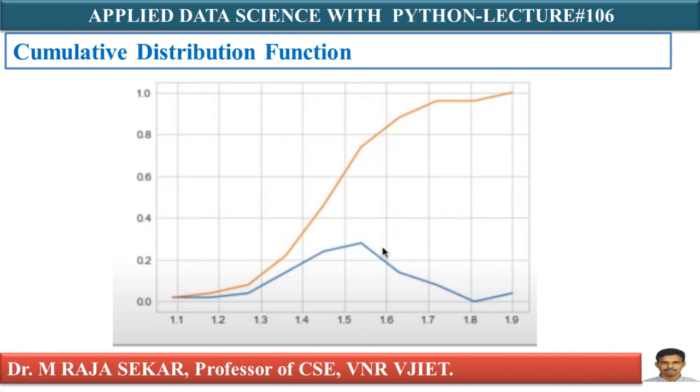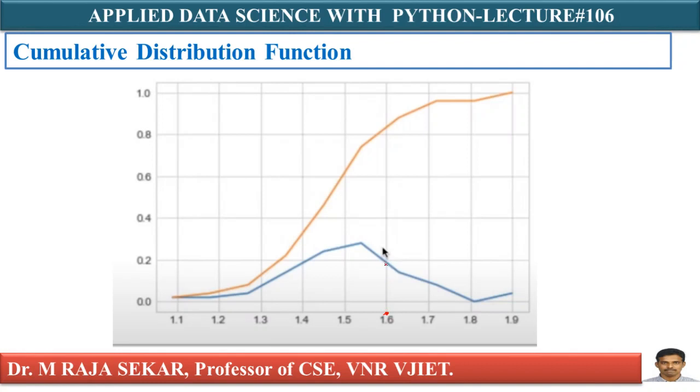Let me take the same value 1.6 itself. What is the corresponding point on the CDF plot for 1.6? How do I get this point? That is important. Let me consider this point which we were discussing.